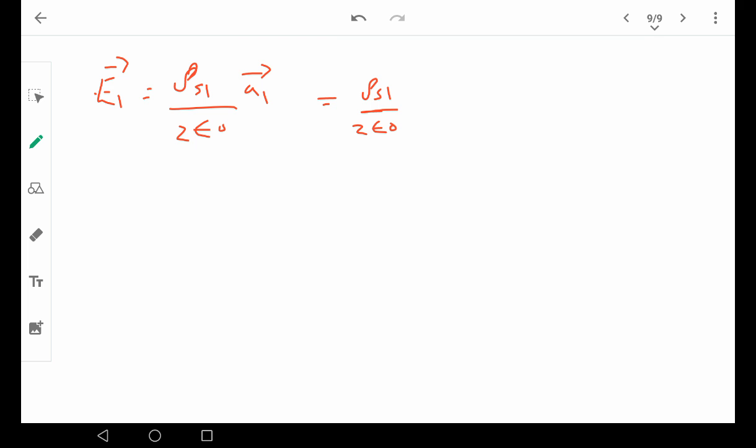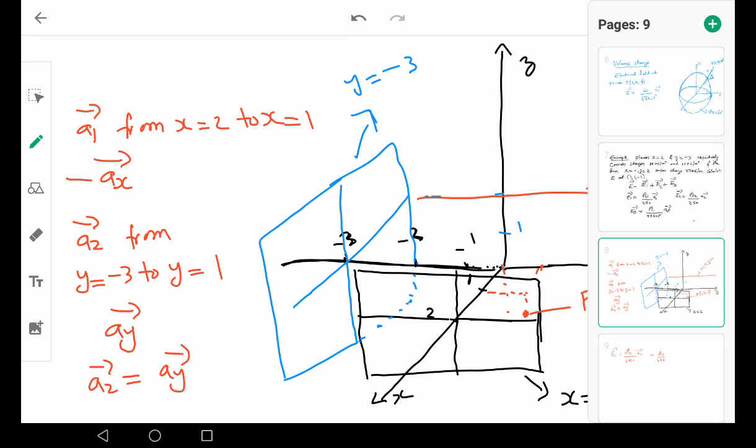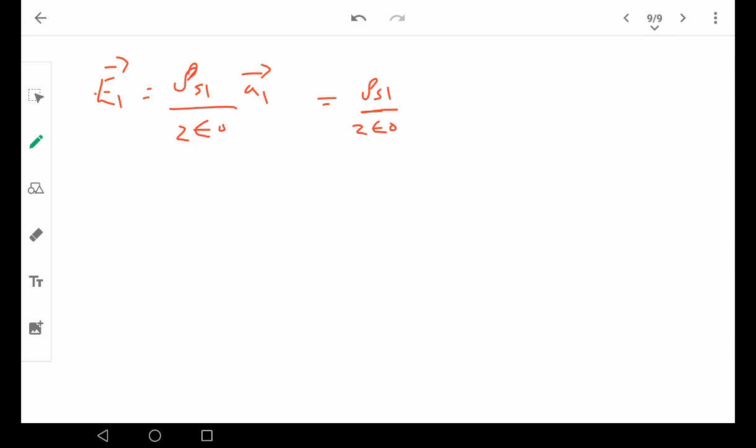Now what is the direction of a1? Yes, the direction of a1 is minus ax, isn't it? So you can put a minus here, ax, right? And E2 you can similarly write as rho S2 divided by 2 epsilon 0 ay, isn't it?